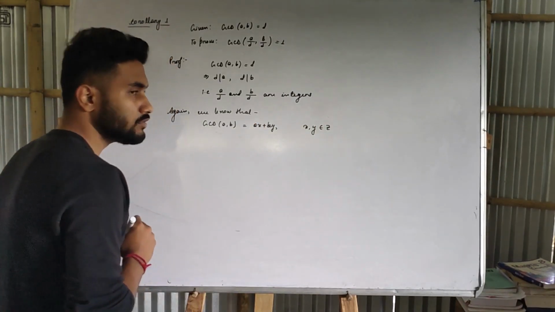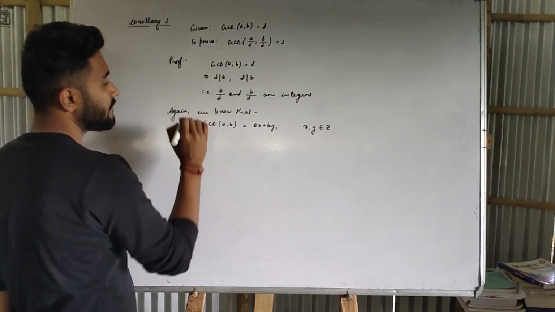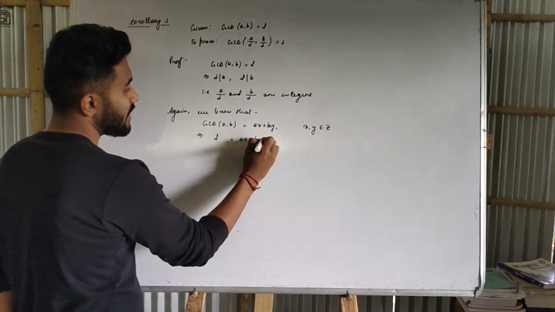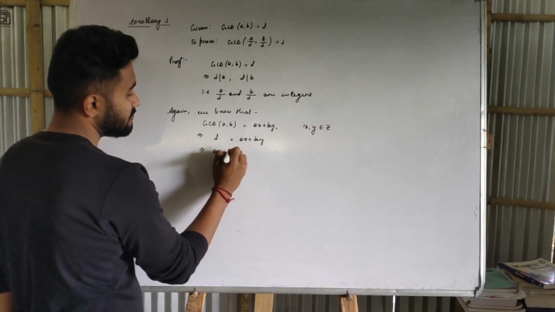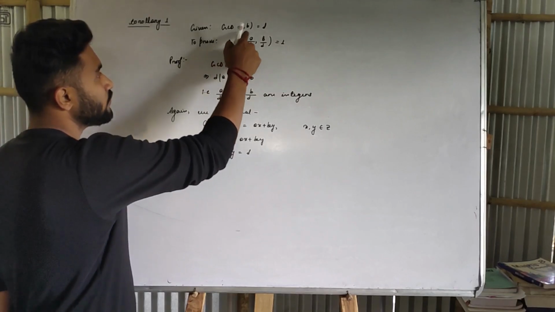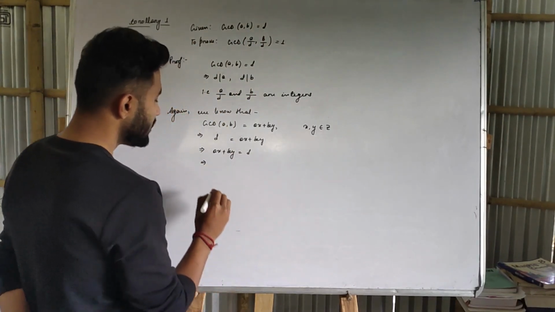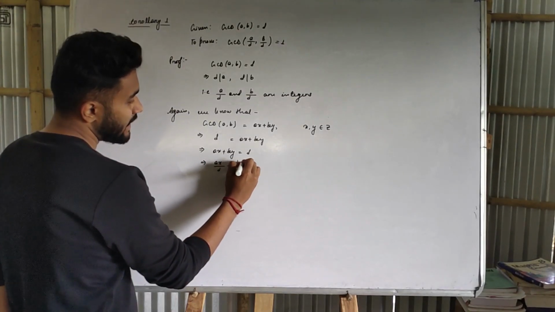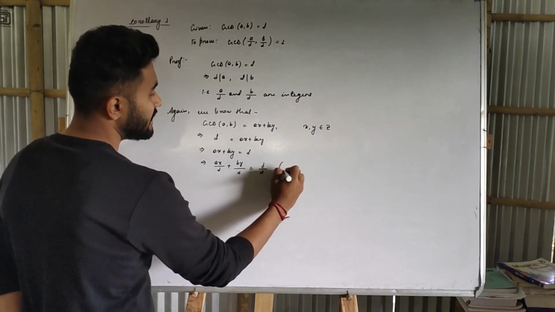That is our theorem number 4. Now GCD of A, B is given as D, so it means D is equal to AX plus BY, which implies AX plus BY will be equal to D. Now you see, we need to prove GCD of A by D and B by D. We need the numbers A by D and B by D, right? So for that, I will divide both the left side and the right hand side by D.